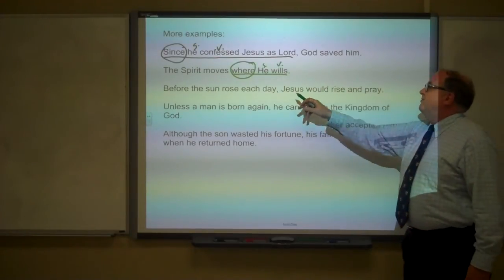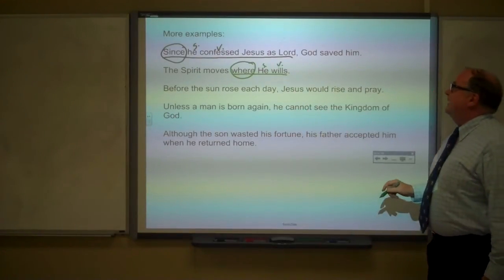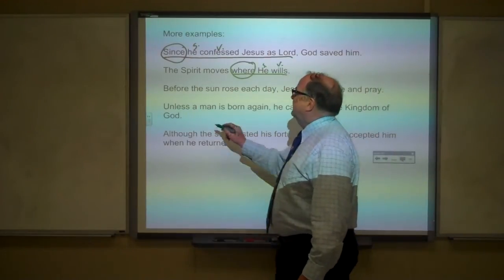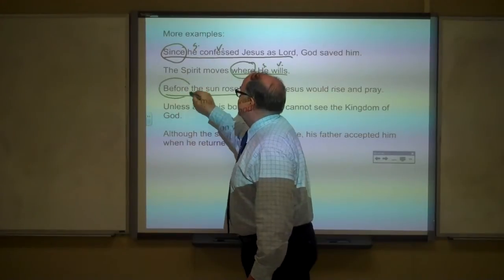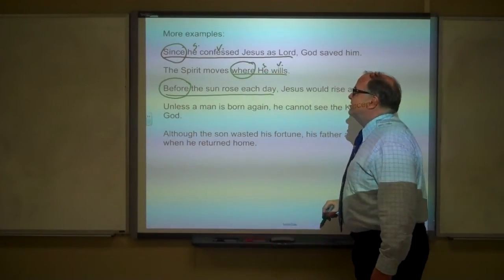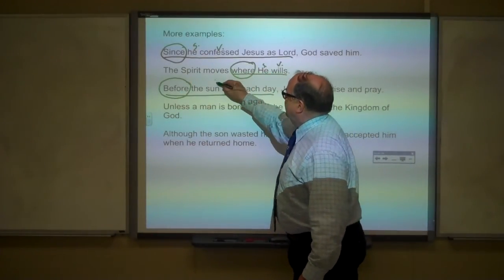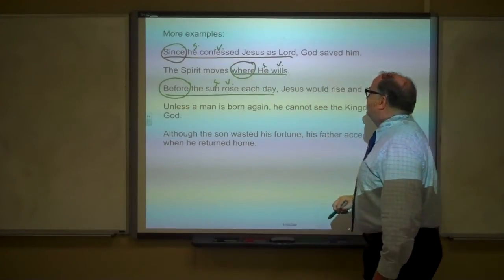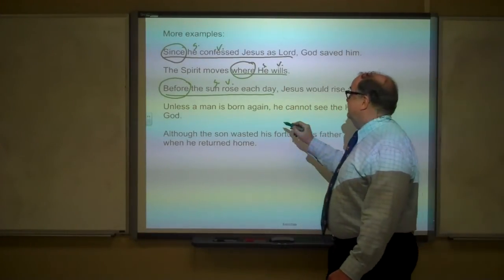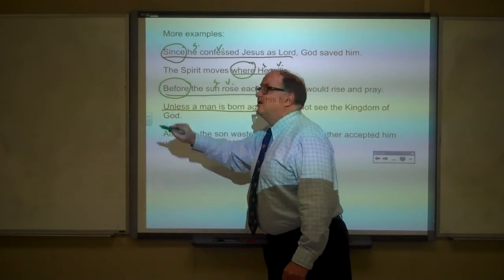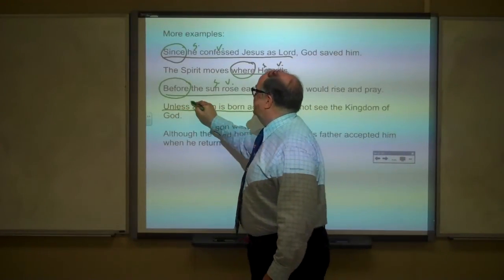Okay, before the sun rose each day, Jesus would rise and pray. Okay, adverb clause answers the question when. Begins with subordinating conjunction before. Again, sun rose, subject, verb. Unless a man is born again. Under what condition? Answering the question, under what condition?